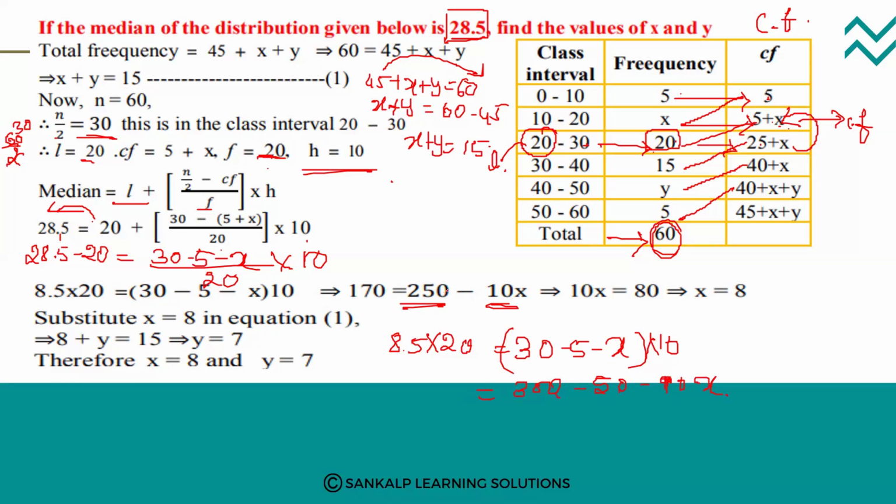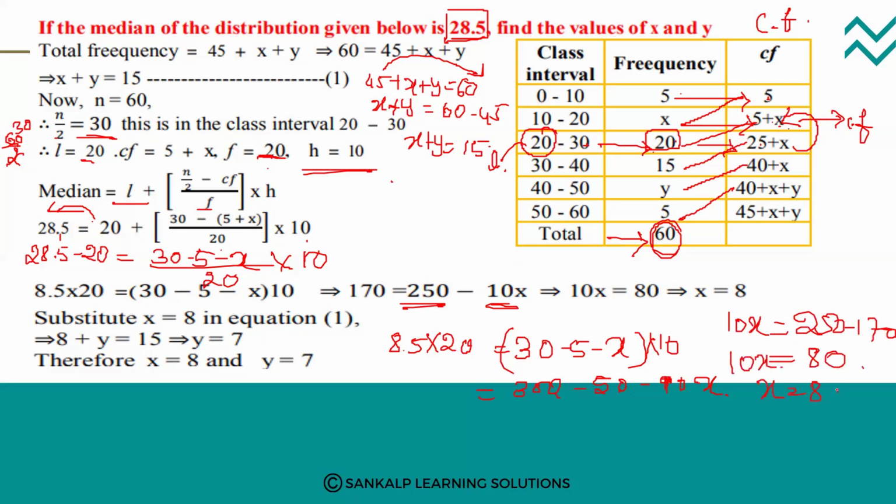Now transfer this 10x to this side and 170 to this side. So if minus 10x comes to this side, it will be plus 10x, then 250 minus 170, that is 80. So 10x is equal to 80.